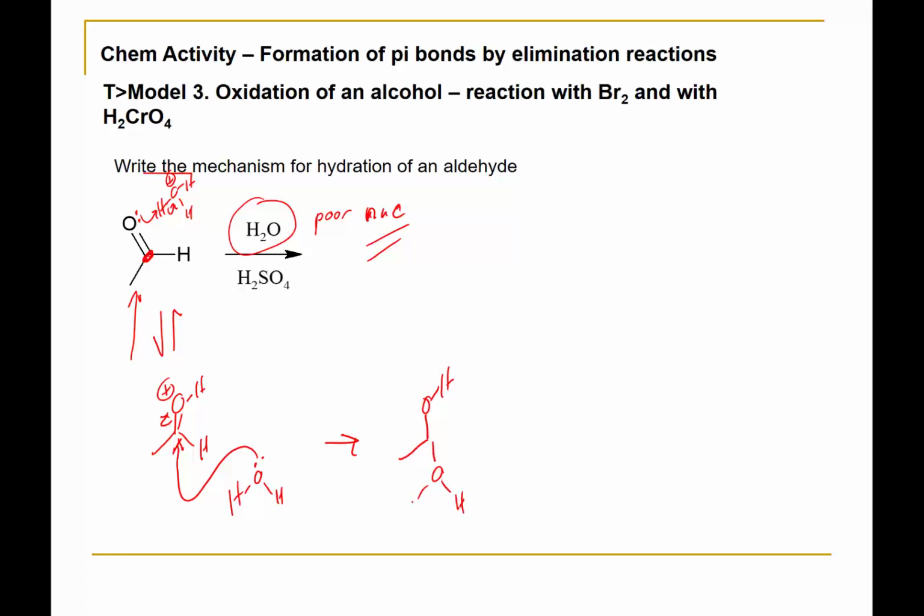So it will form, in a sense, another alcohol group, and we have a protonated alcohol group, and we still have a hydrogen. Now we have water not acting as a nucleophile, but rather acting as a base, picking up that proton. And as such, we'll now have our hydrate. And this is a hydrate with an available hydrogen, or a removable hydrogen. And so once again, that will allow for further oxidation.